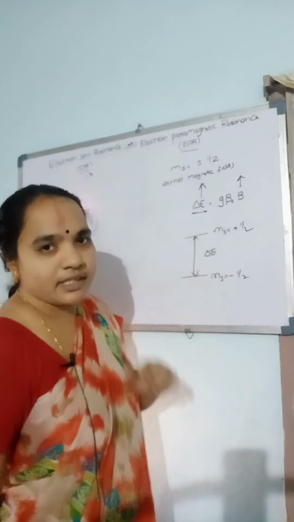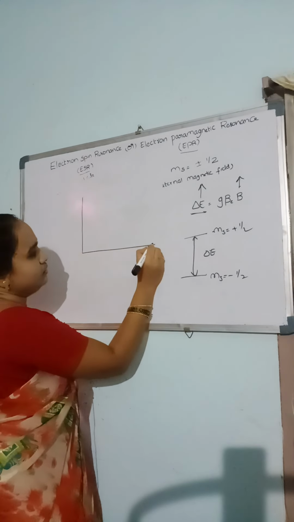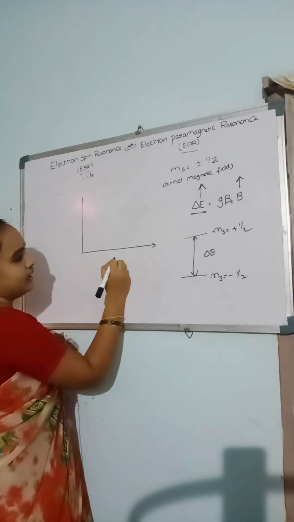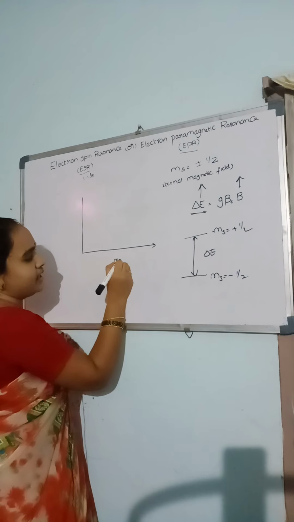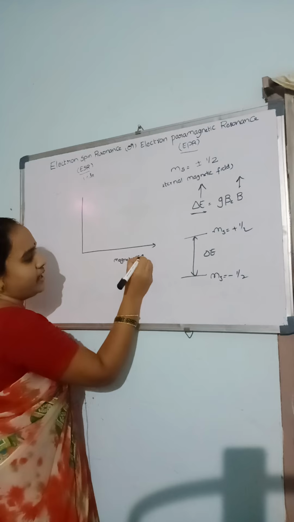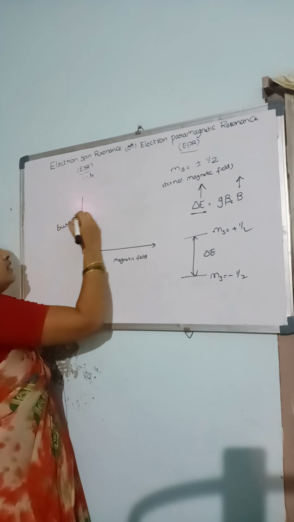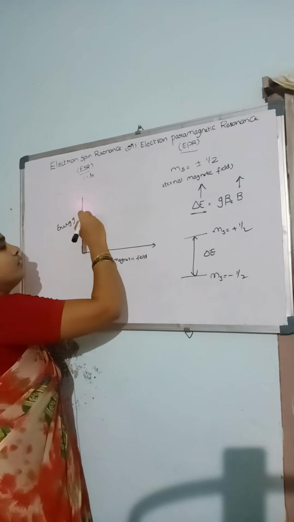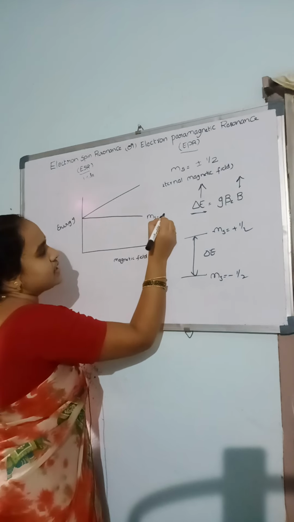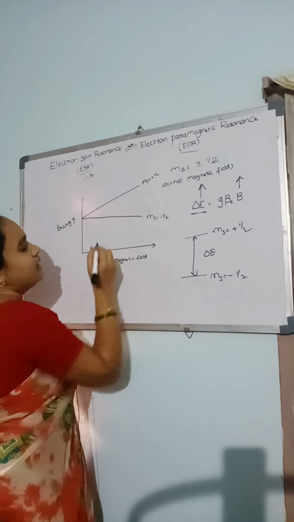This can be represented graphically: on the x-axis I am taking the external magnetic field, and on the y-axis energy. Then draw the separation between the two lines, Ms equal to minus half and Ms equal to plus half.